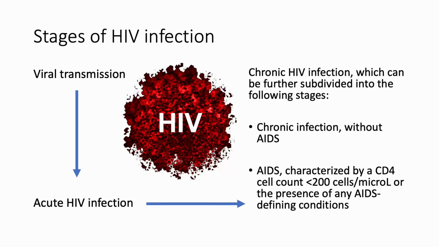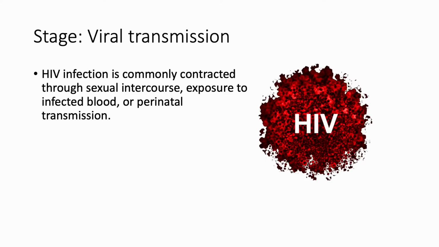Chronic HIV infection can be further subdivided into the following stages: chronic infection without AIDS, and AIDS, which is characterized by a CD4 count of less than 200 or the presence of any AIDS-defining conditions. As for the viral transmission, keep in mind that HIV infection is commonly contracted through sexual intercourse, exposure to infected blood, or perinatal transmission.